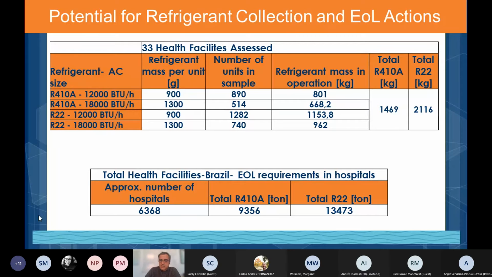Extrapolating this estimation to the entire national level health system, we got a total stock of 9,000 tons of R410A and 13,000 tons of R22 being used by about 6,000 hospitals in Brazil. So as we can see, there's a huge potential for reduction of CO2 emissions on this. Next.